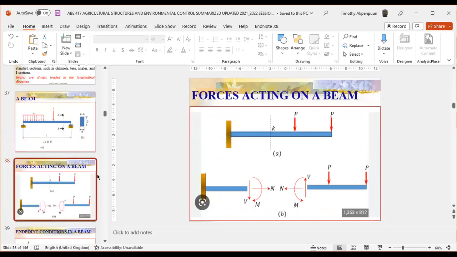Look at this now. You see, M is moment, V is shear. These are trying to make this thing turn, twist.